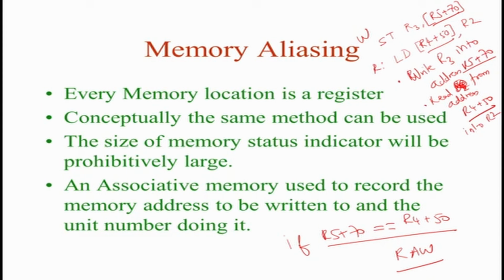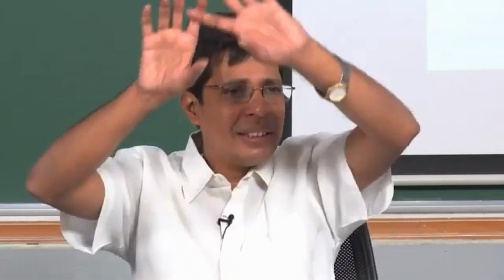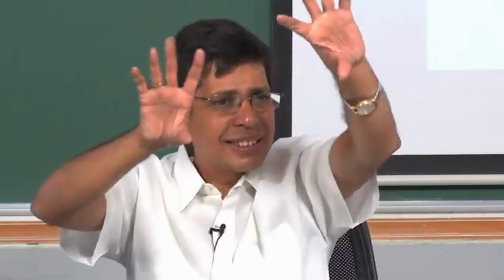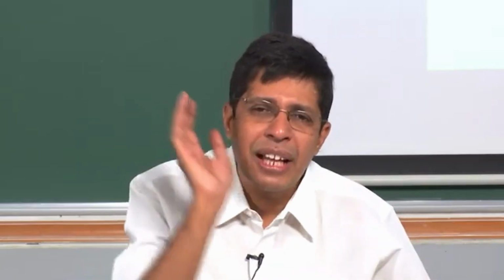If I treat every memory location as a register, then this is done. Because when I am doing the load, I know the address. For every address, the latest value is not there in the address, but it is currently computed by an execution unit. So whatever I have done for registers, I can do for this.